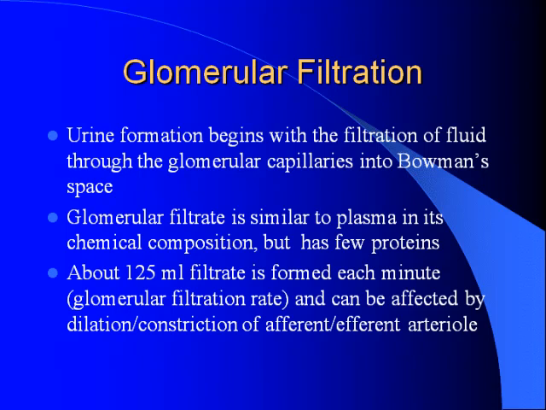The filtrate itself is actually similar in composition to plasma, but it has less protein in it. Your body makes about 125 milliliters of filtrate each minute, and that is what we call the glomerular filtration rate, or GFR. I'll refer to it that way.